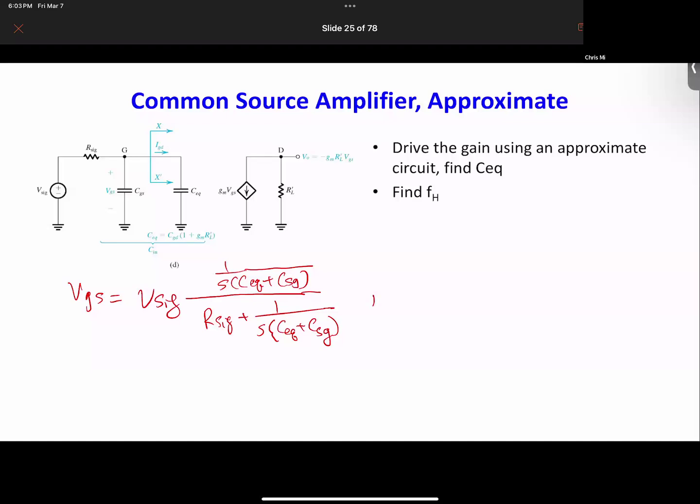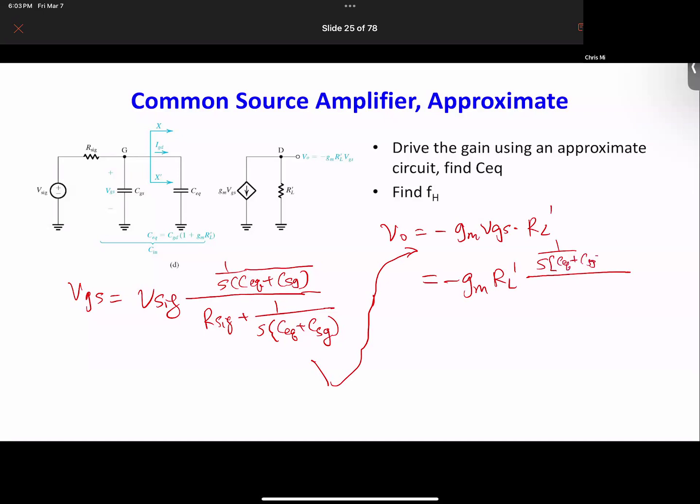And then the next step, we write VO equal to minus GM times VGS times RL prime, and then we simply plug this one into here. We'll get minus GM times RL prime times 1 over S (CEQ plus CGS), over RSIG plus 1 over S (CEQ plus CGS), and then times VSIG.